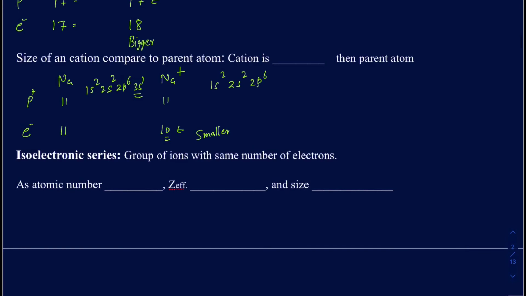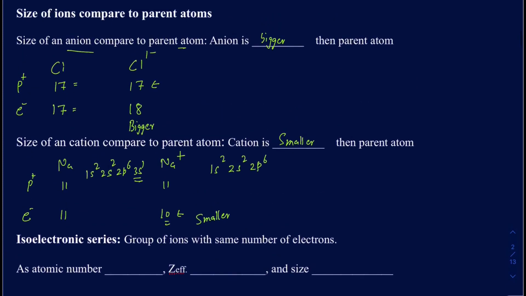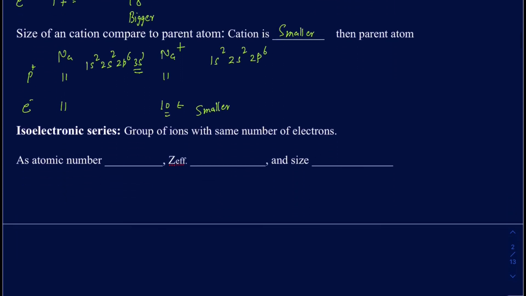So as a result, I can say cations are always going to be smaller than their parent atom. So make sure you know these two big things: anions being bigger than the parent atom and cations being smaller than their parent atom.